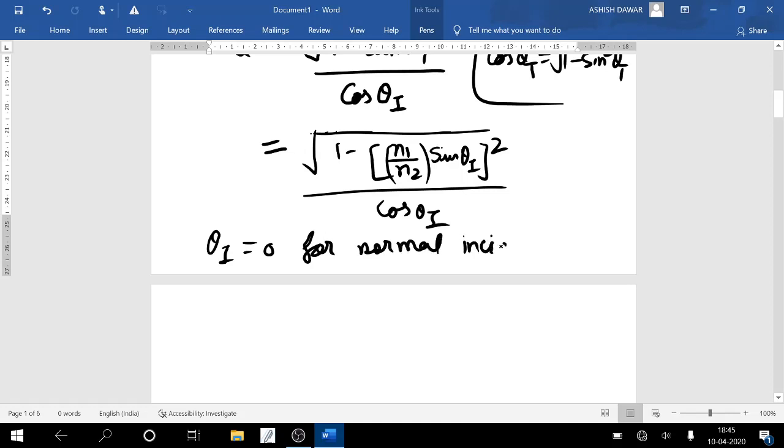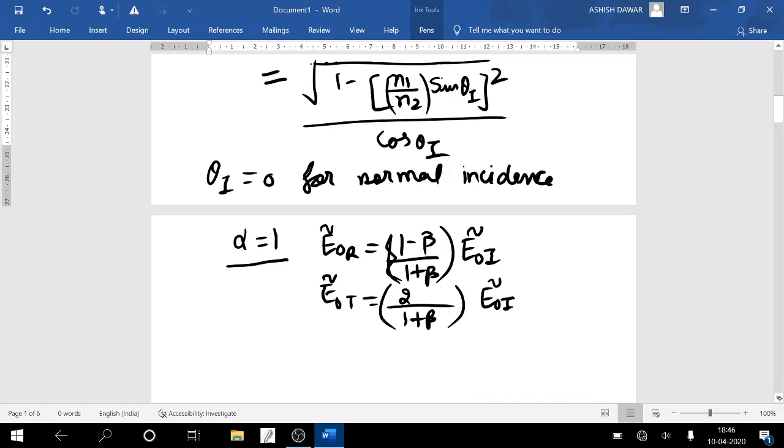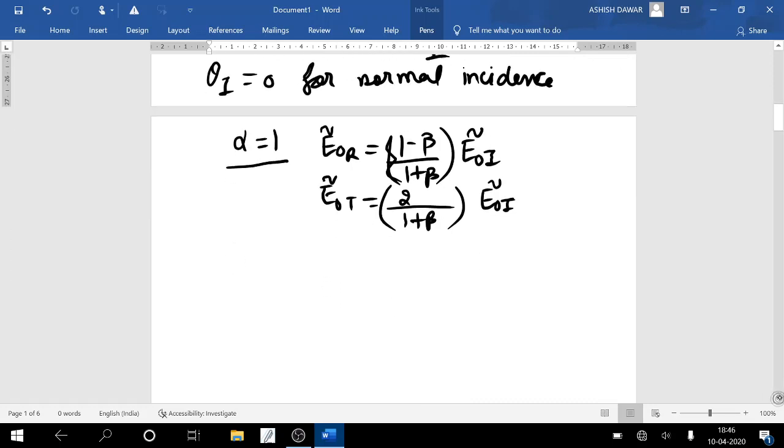In that case, when theta i is equal to 0, alpha is equal to 1 and E0r becomes (1 minus beta) upon (1 plus beta) E0i, and E0t is equal to 2 upon (1 plus beta) E0i, which are the previous equations we have already found in the case of normal incidence.